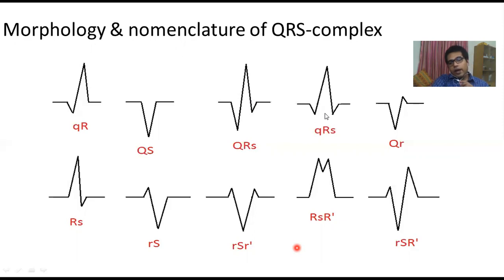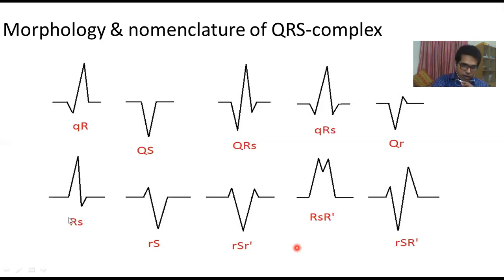Then there is a small negative deflection, a small q, a big upward deflection, capital R, and a small negative deflection, small s, so qRs. Again, the first negative deflection is a capital Q as the deflection is big, followed by a small upward deflection, r. So it is called the Qr pattern.